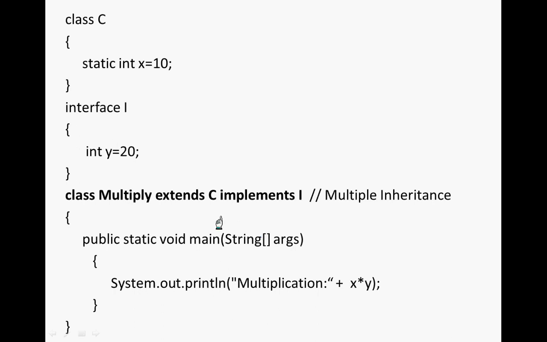When we are inheriting C and I, these two variables, namely x and y, also become part of this multiply class. So now no need to create any object; you can directly use them. That is the advantage of static. If it is a static variable, no need to create any object for the multiply class. You can directly use x star y.